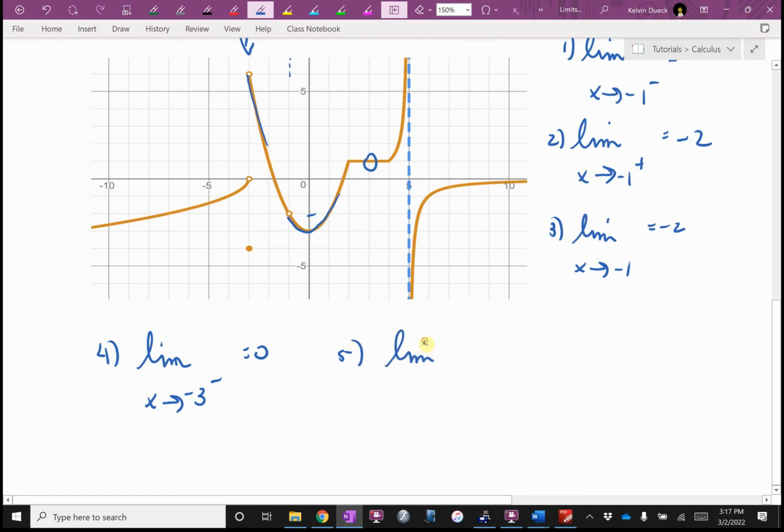The limit as x approaches negative 3 from the right is 6. So the limit as x approaches negative 3 equals what?